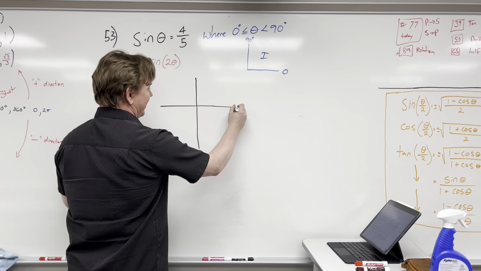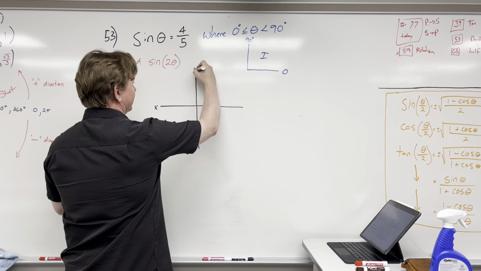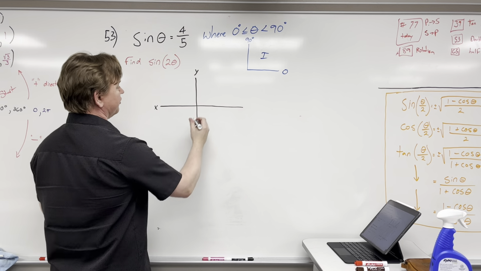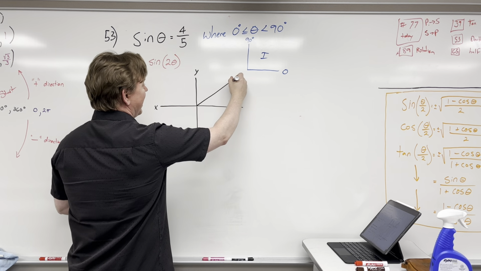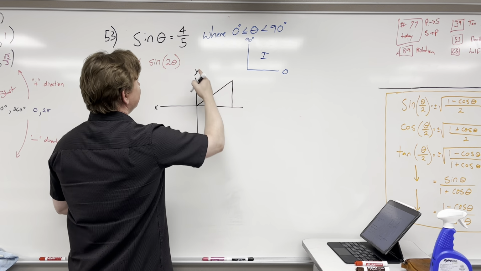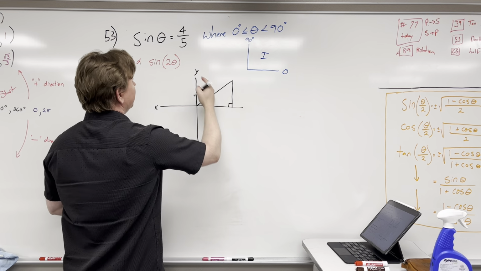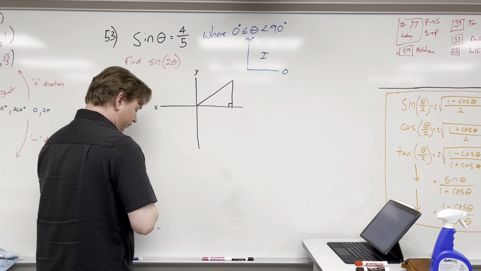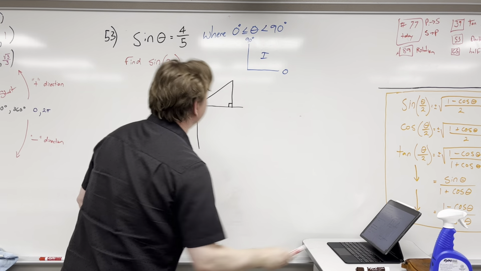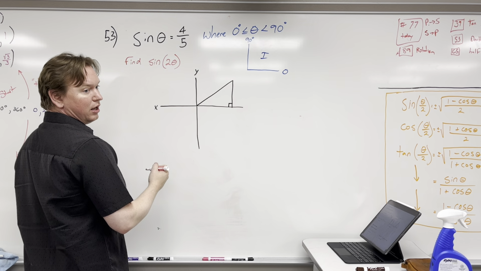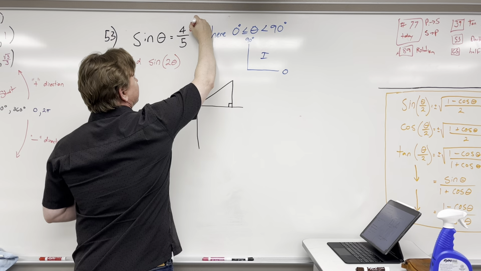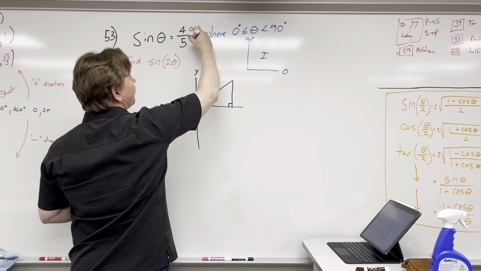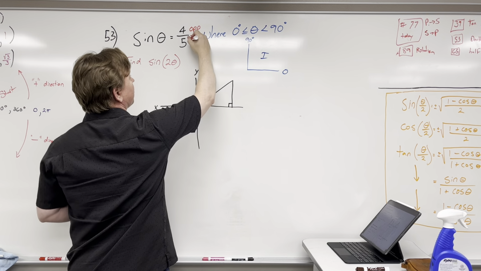You're thinking in this XY coordinate system, and you're thinking about a triangle, and you're saying, okay, I know we're in this first quadrant, and as far as SOHCAHTOA goes, what is sine? Opposite over hypotenuse. So this ratio they gave you is telling you the sides of this triangle.